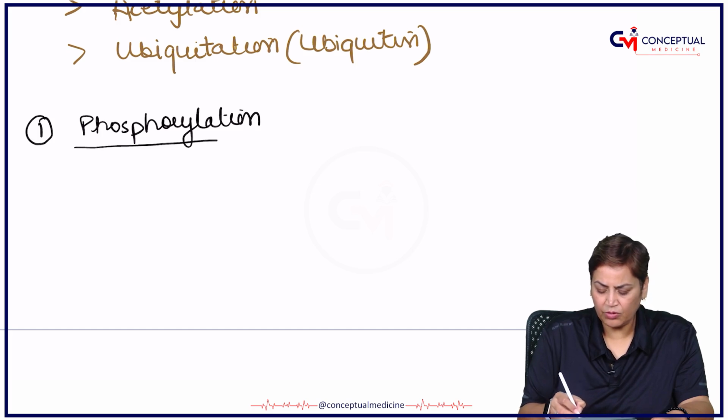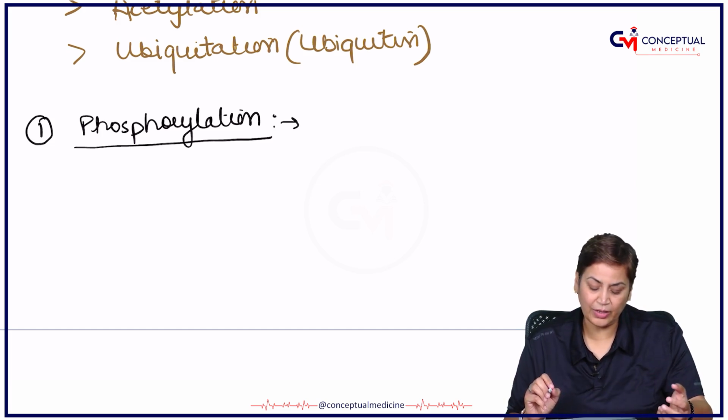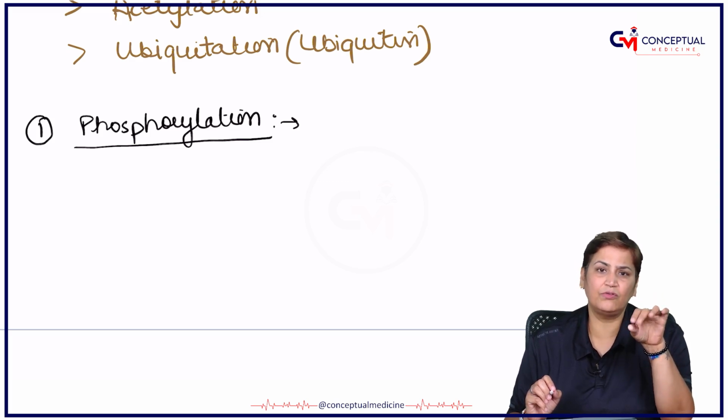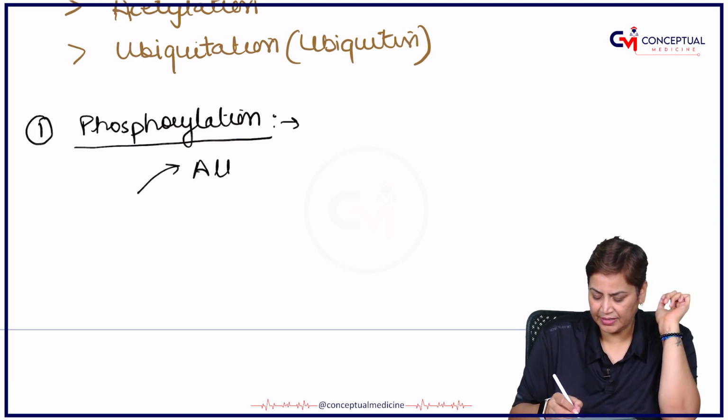Now, if we talk about phosphorylation, it means there is attachment of a phosphate to a hydroxyl group. So what happens here is attachment of phosphate.